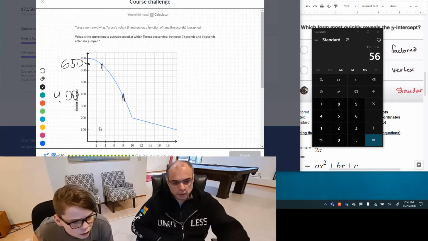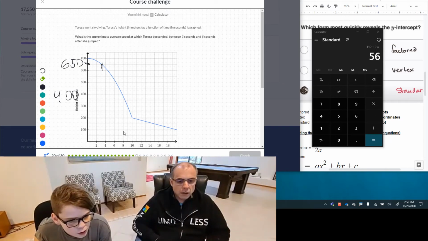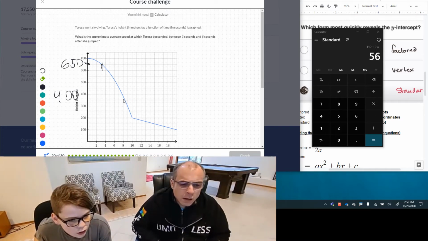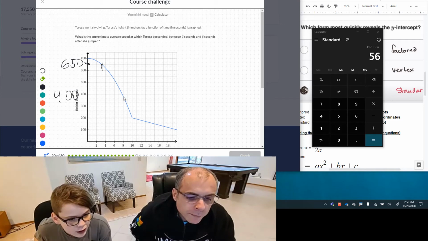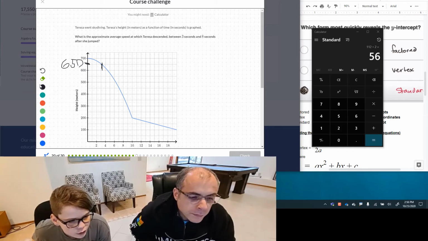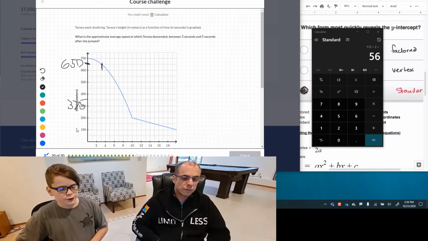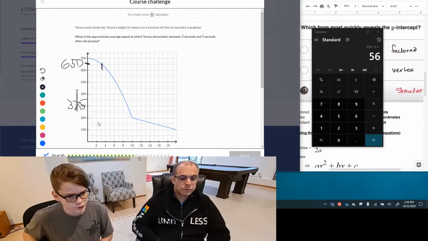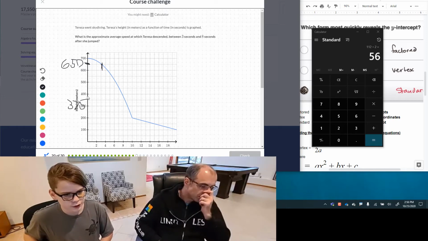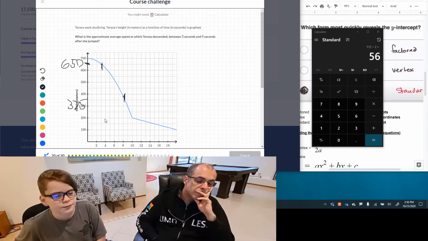Can you delete this to make sure? Yeah, just put the line down here. It actually hits the line midway between, so it's like 375.